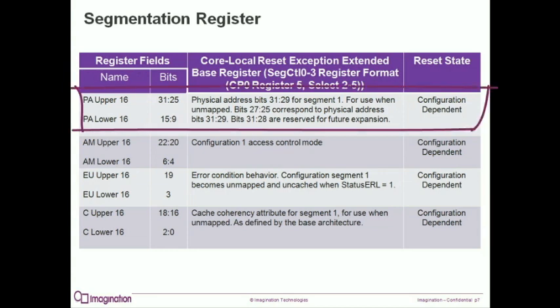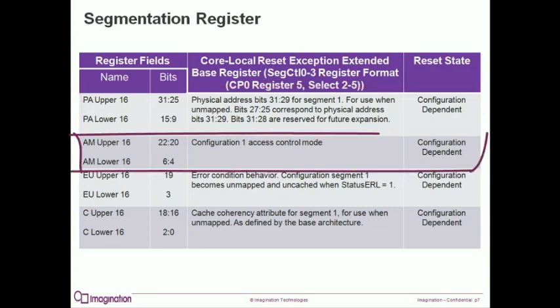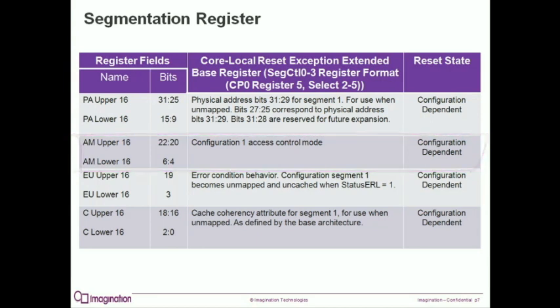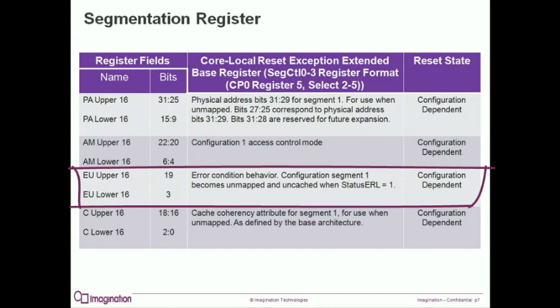The physical address field, which will map the segment to a physical address when the segment is configured to be unmapped. The access mode, which is the user, kernel, and supervisor mode and cache state. The error condition behavior, which when set changes the segment access to uncached and unmapped.